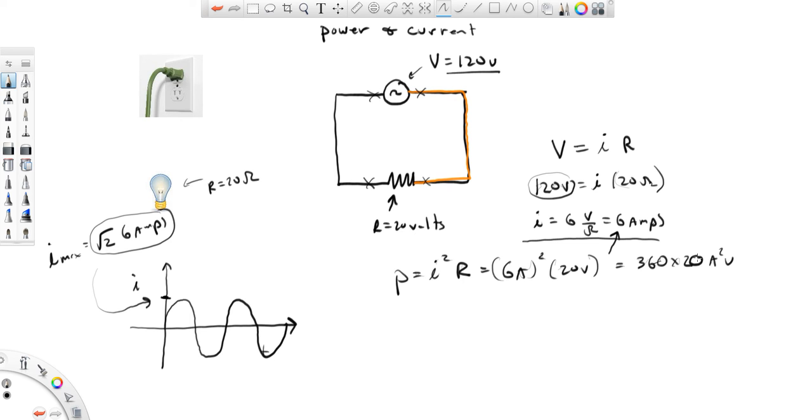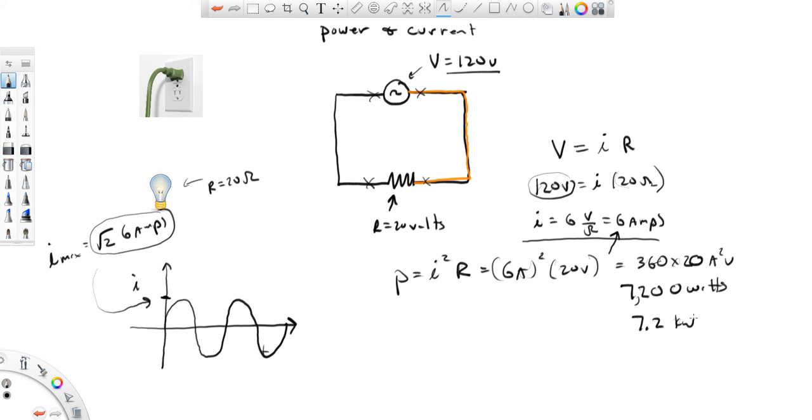If we work this out, that's 7200 watts, or 7.2 kilowatts. So there's the power of our source here.